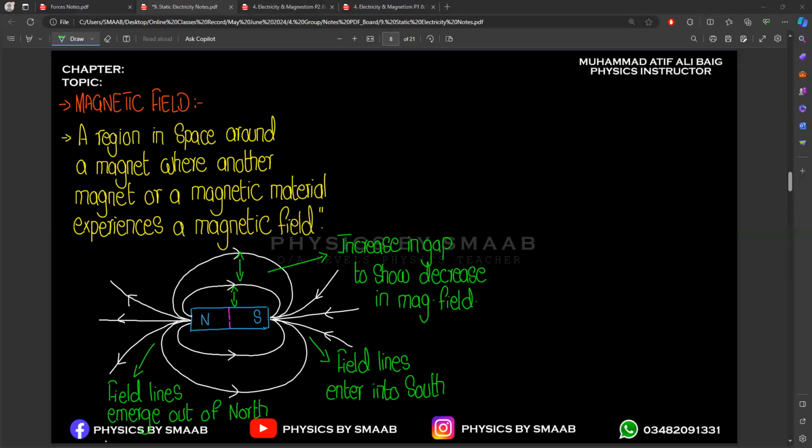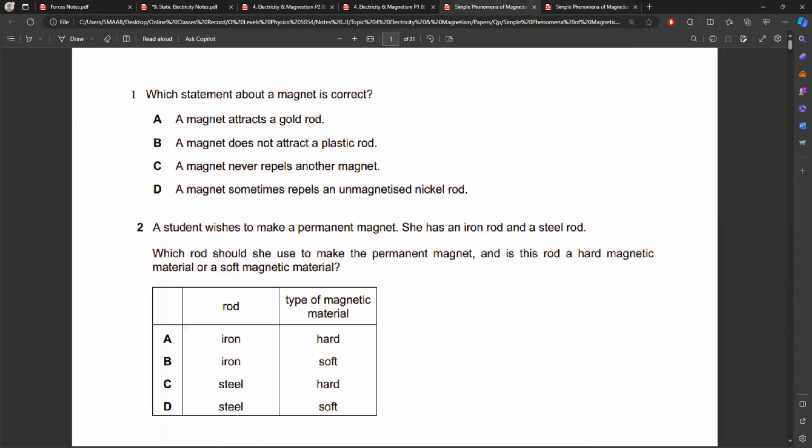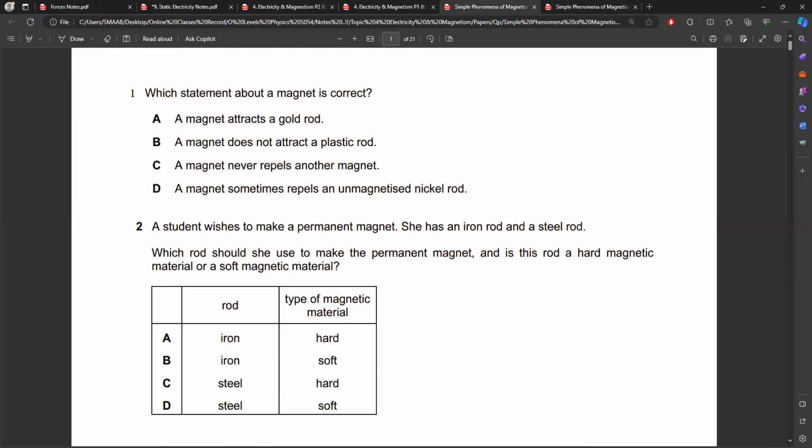Okay, so for magnetism, these are from the basic concept of magnetism. Let's consider some questions.